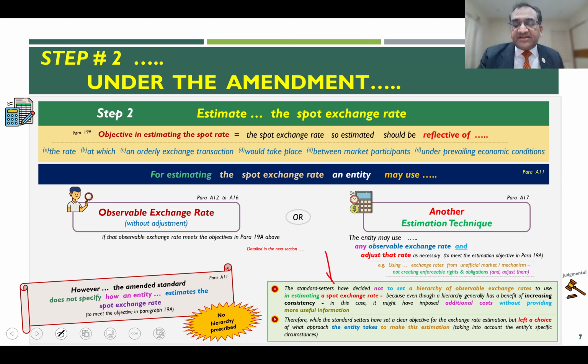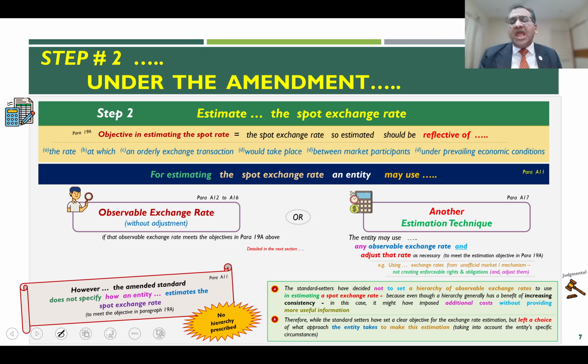So the standard setters have decided not to set a given hierarchy of observable exchange rate to use in estimating any spot exchange rate. Even though if the standard had prescribed a hierarchy, that generally would have the benefit of increased consistency, because the moment you prescribe a hierarchy, everyone has to follow that particular methodology.